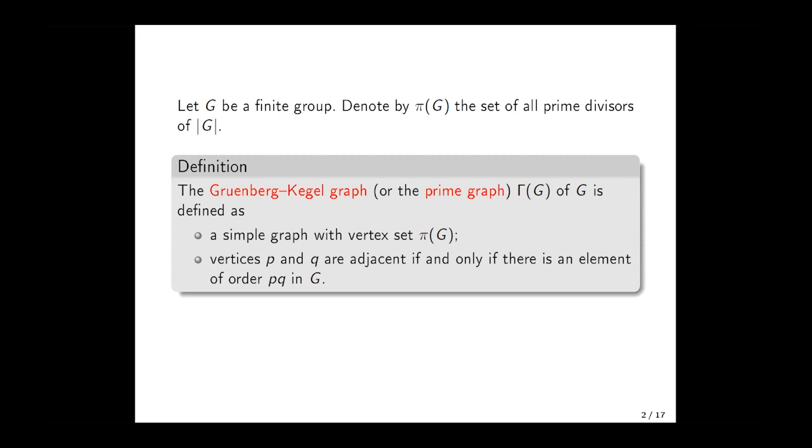By the Gruenberg-Kegel graph, or the prime graph Γ(G) of G, we mean the simple graph without multiple edges, loops, etc., with vertex set π(G), where vertices p and q are adjacent if and only if there is an element of order pq in group G. In fact, the last condition is equivalent to the following statement: there is an element of order p and an element of order q such that they commute.